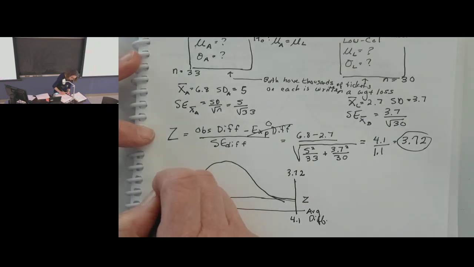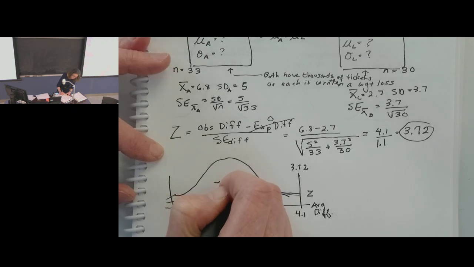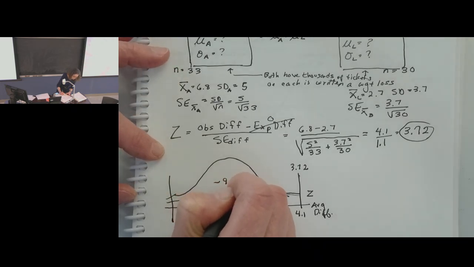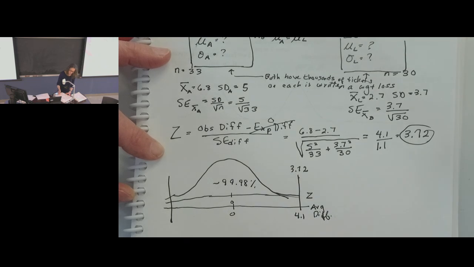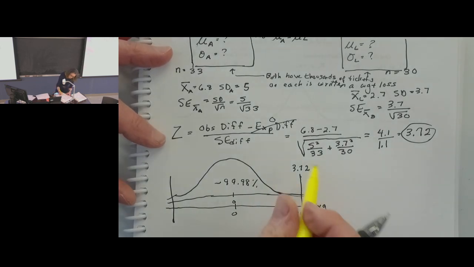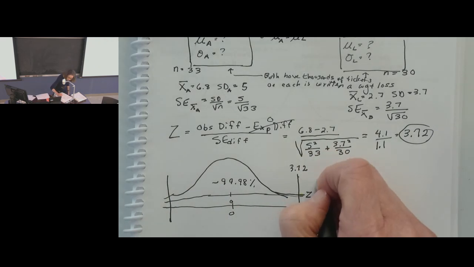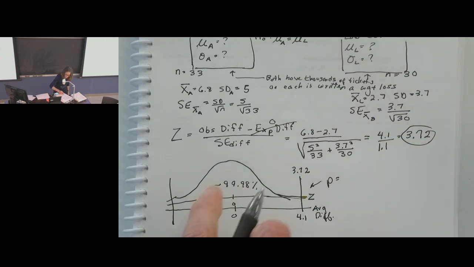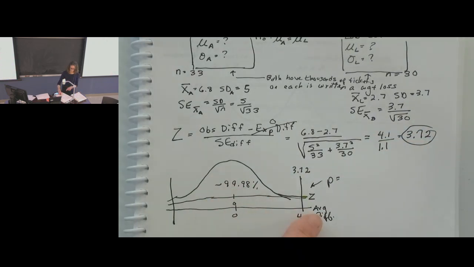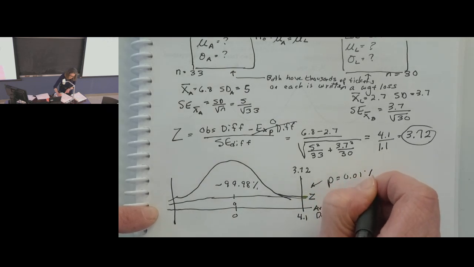So between 3.72 and negative 3.72 is approximately 99.98%. So this tiny, tiny bit, this p-value right here, just that little dot, it goes on forever, but it's very, very small. The p-value is 100 minus 99.98, so 0.02 in the tail, so that's 0.01% in each tail.